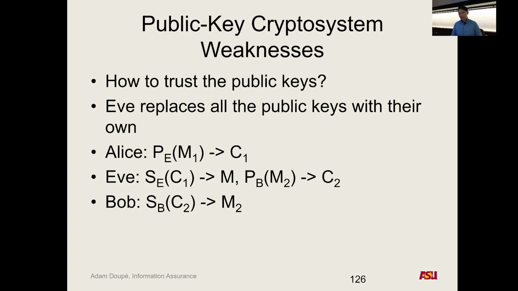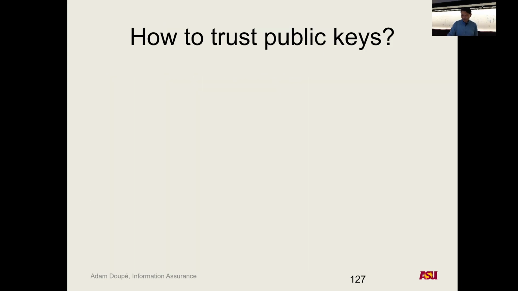So what do you think about this? It is possible, right? We call this a man-in-the-middle attack. So a public key could be manipulated in this way by the man-in-the-middle attack. Okay, how can we avoid this?